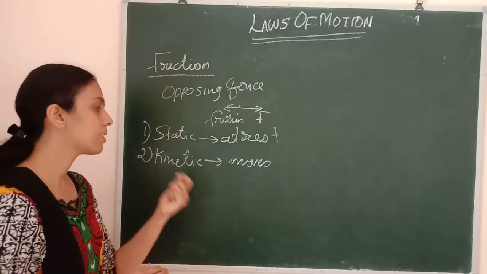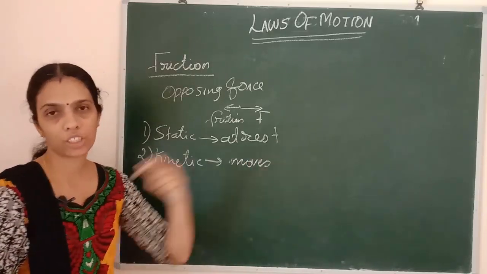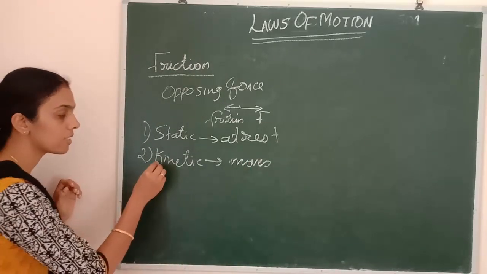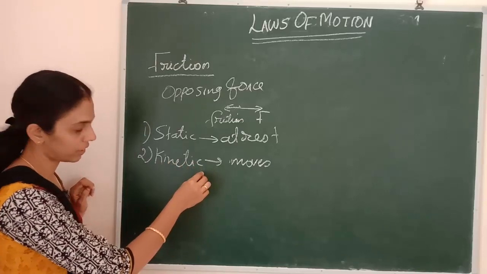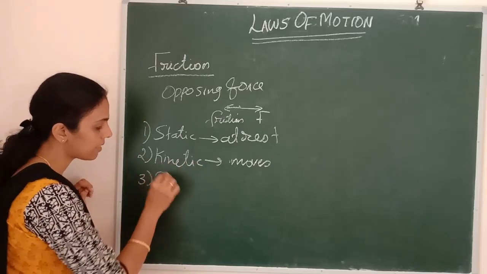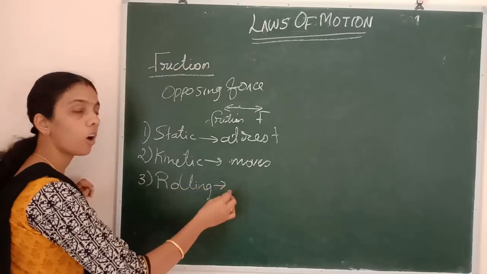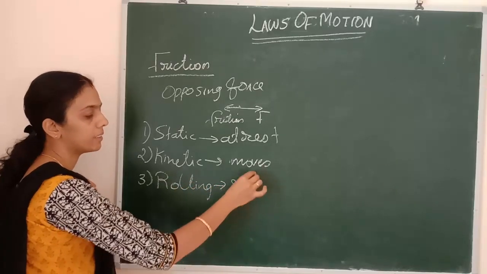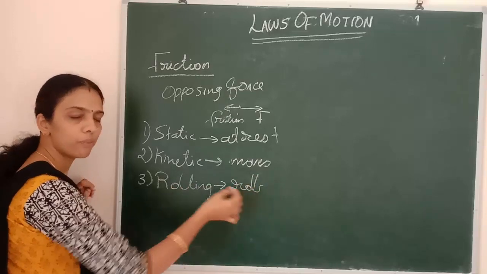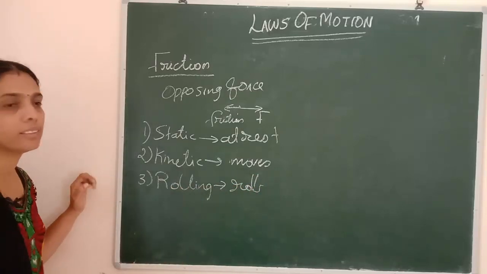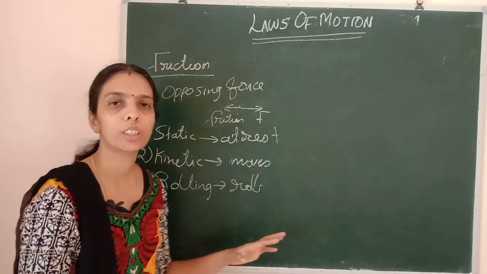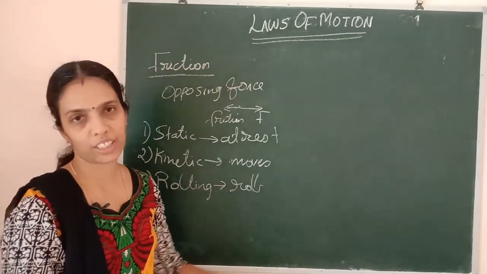That force is called kinetic friction. Now the third one is rolling friction. Rolling friction means when one object rolls over another. The friction acting between the two objects is called rolling friction.